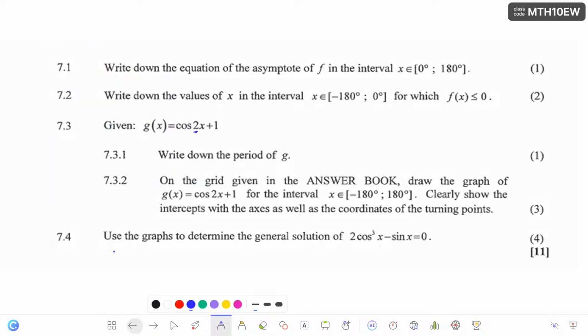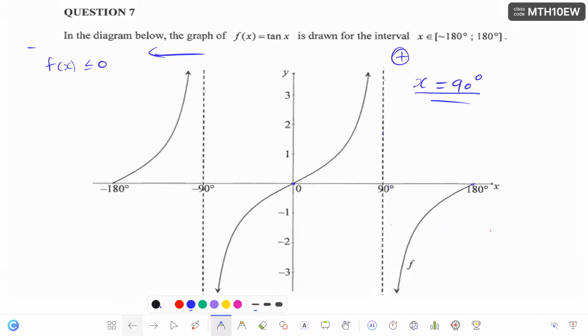7.3.2. They said on the grid given in the answer book, draw the graph of g of x for the interval negative 180 to positive 180. Clearly show the intercepts with the axes as well as the coordinates of the turning points. For this one, it's very simple. I'll use this grid to sketch.